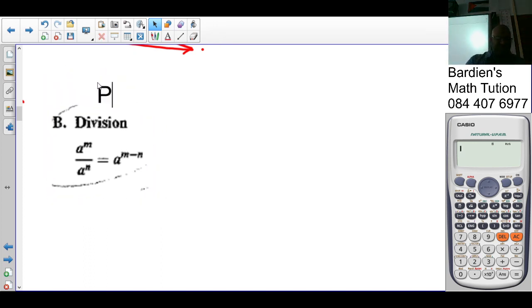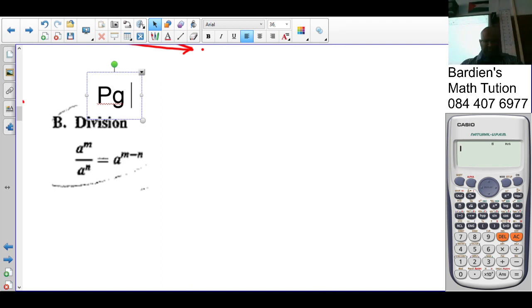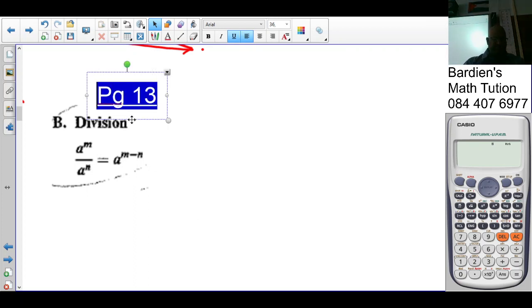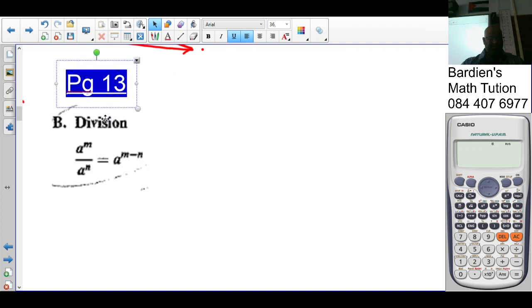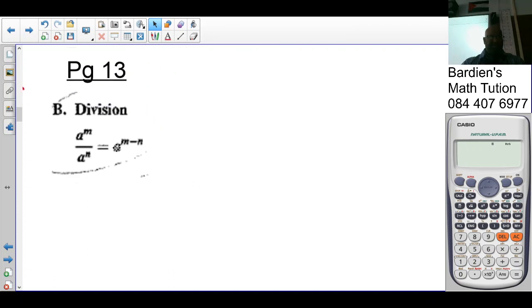This is on page 13. Okay, I want you guys to write that law down. Division, if you're dividing and bases are the same, subtract the exponents. Okay.